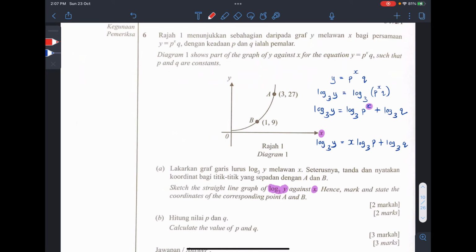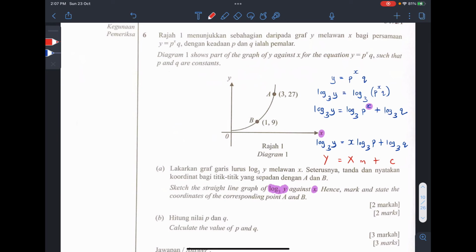Now if you were to compare the equation to y equals mx, and usually it's y equals mx plus c, right guys? But since I've already written it like x in front, I'm just gonna write xm. Okay, so xm plus c, right?